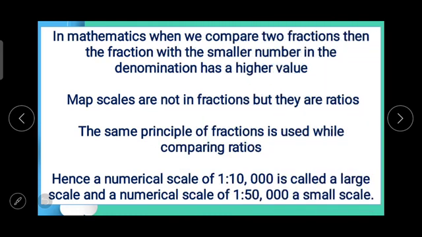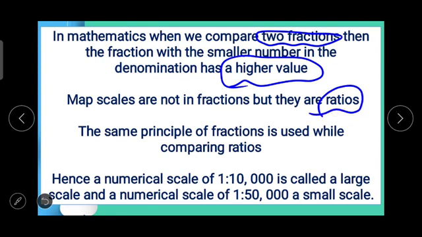In mathematics, when we compare two fractions, the fraction with the smaller number in the denominator has a higher value. You learned this in mathematics. Map scales are not fractions, but they are ratios.